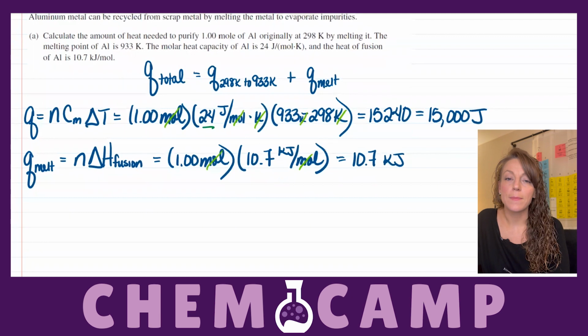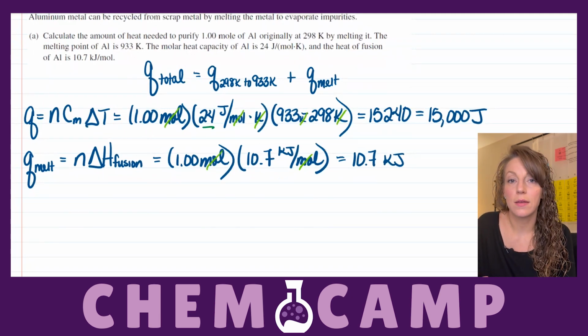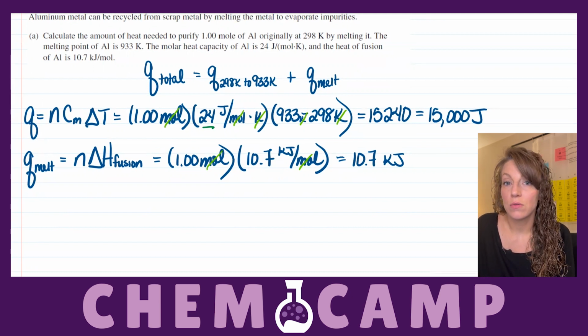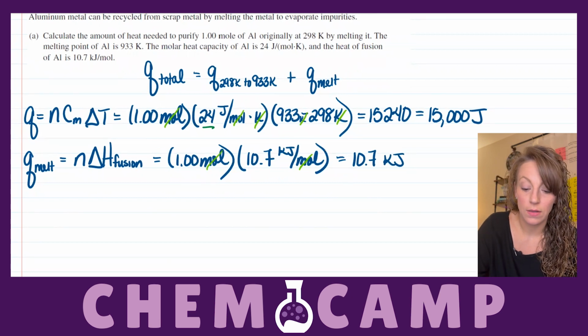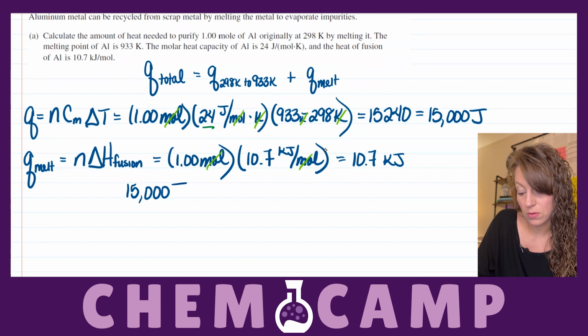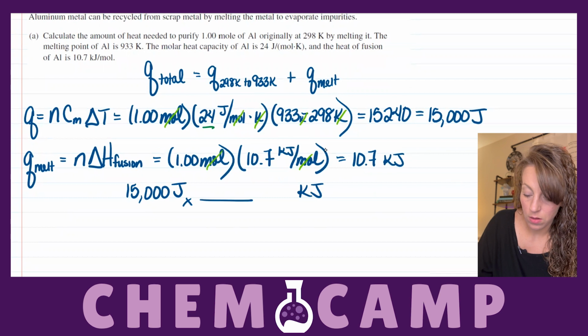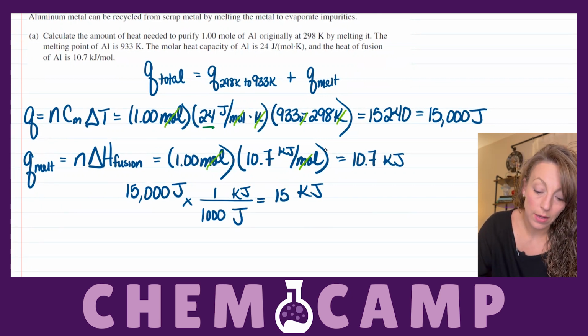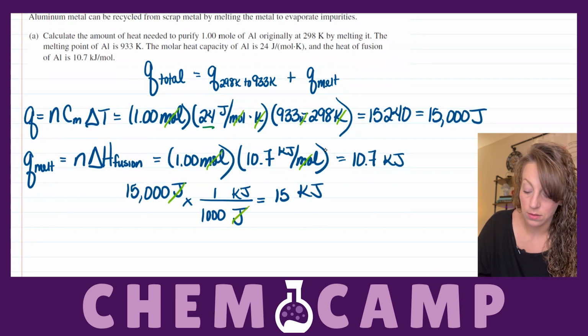Now we're almost done, but we have to add the 2 quantities of heat together. However, one is in joules and one is in kilojoules. You can't add different units, so we're actually going to have to convert one. I always take joules to kilojoules, but you could always go the other way if you'd like. Keeping in mind that there's 1,000 joules for every 1 kilojoule, which means we're going to wind up with 15 kilojoules here.